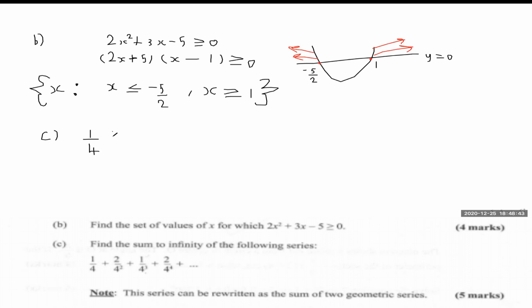And then the next thing you have is 2 over 4 squared. I like this question. And then the next thing that you have is plus 1 over 4 cubed. Then the next thing you have is 2 over 4 to the 4th power. And it goes on and on and on.